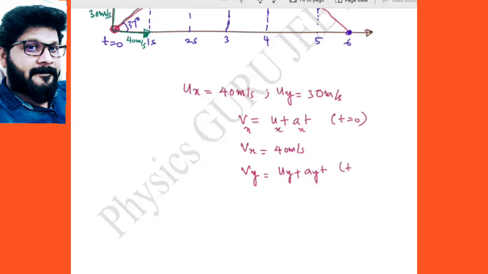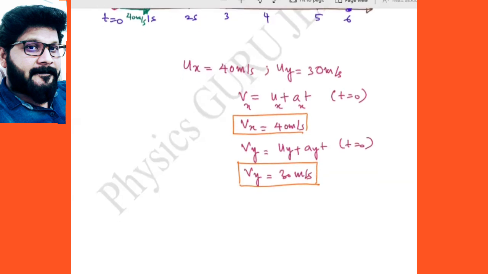At t equal to 0, vy equals uy, which is 30 meter per second. That means the initial velocities at t equal to 0: vx is 40 meter per second, vy is 30 meter per second. Is it clear?